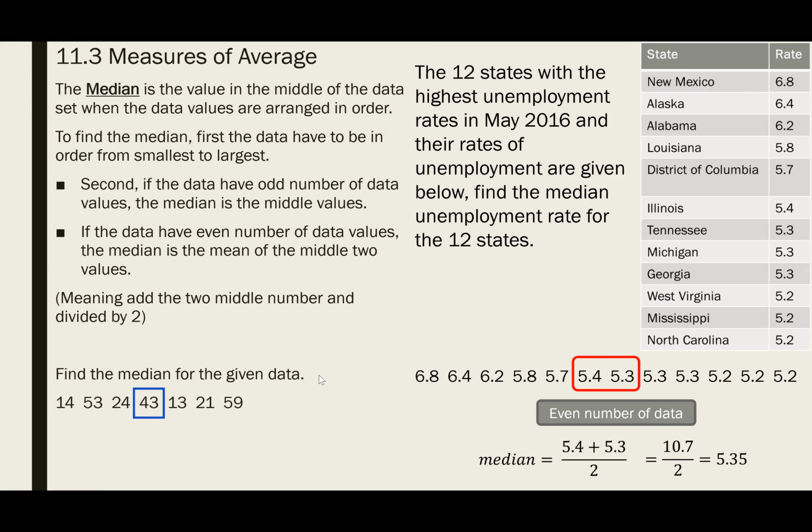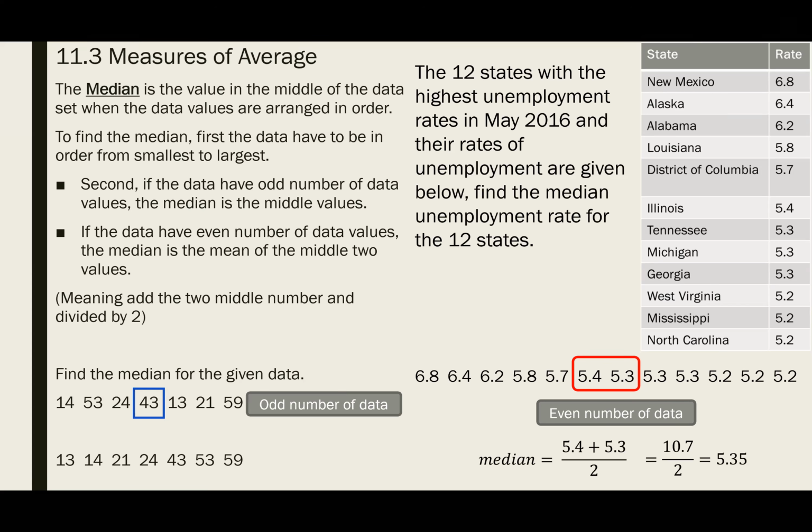Why is it not? In order to find a median, you need to put the data in order first, either from smallest to largest or largest to smallest. Once you arrange your data in order, because it's an odd amount of data, the middle number is your median, which in this case is 24.